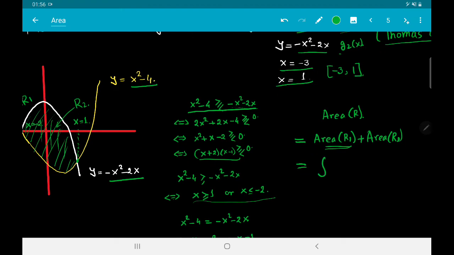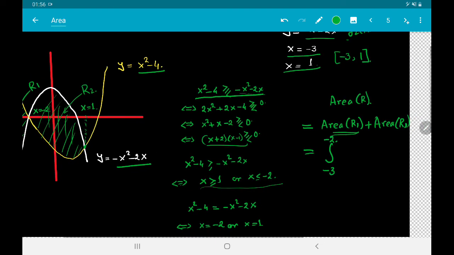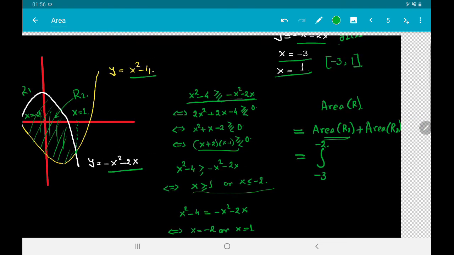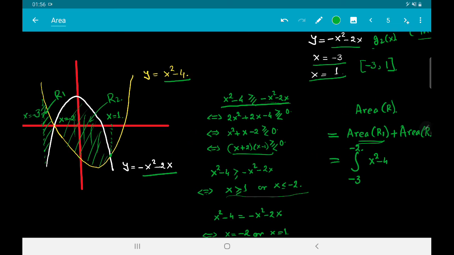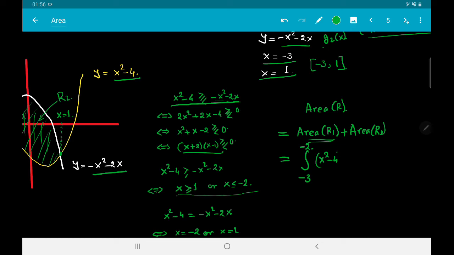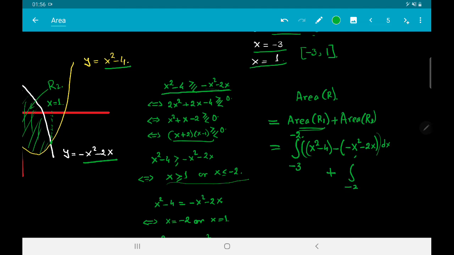So here we have to do this integration from -3 to -2, and we have to take this function x square minus 4, which of course is bigger here as we have just pointed out, minus of minus x square minus 2x dx, plus the area of this region, which is given by -2 to 1.